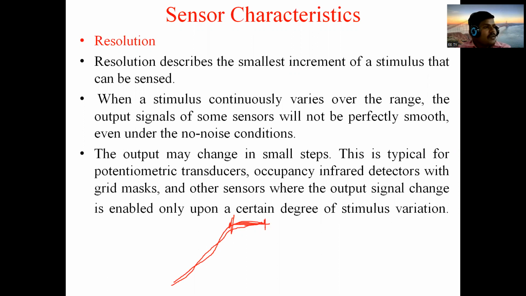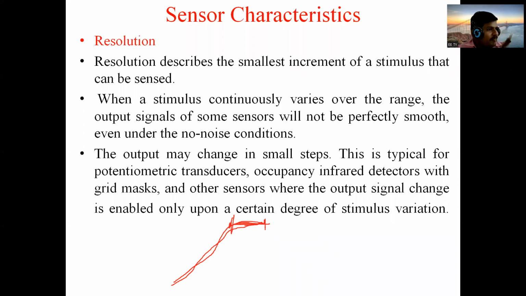So some sensors provide a resolution in a specific degree of variation. Suppose temperature is varying from 25 to 50 degrees Celsius, then it will sense with good quality. If the variation is beyond that range, then we lose our resolution. It depends upon that specific range.